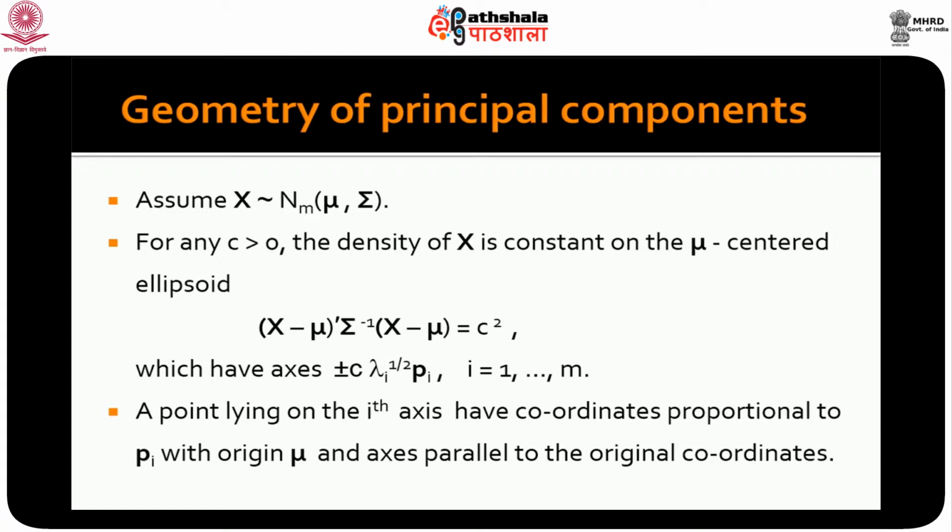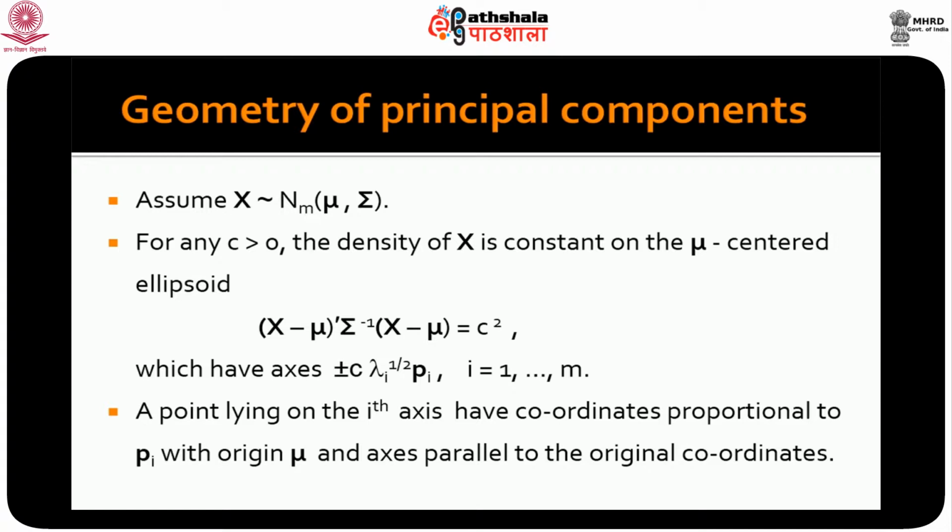Now it's known from the multivariate normal results that the density of X is constant on the ellipsoid (x minus mu) prime sigma inverse (x minus mu) equal to c square. So given a particular c square, the density would be constant over this ellipsoid. Okay? This ellipsoid has axes plus minus c root lambda_i e_i, where i runs from 1 to m.